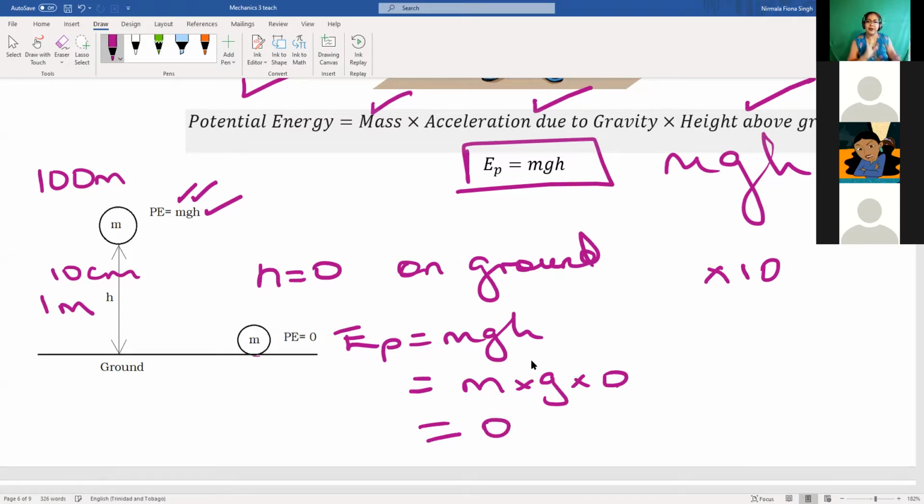So once you are on the ground, your potential energy is zero because you are no longer above the ground. The only way you can have potential energy is to be some distance above the ground so that you can fall. You can't fall when you're on the ground.